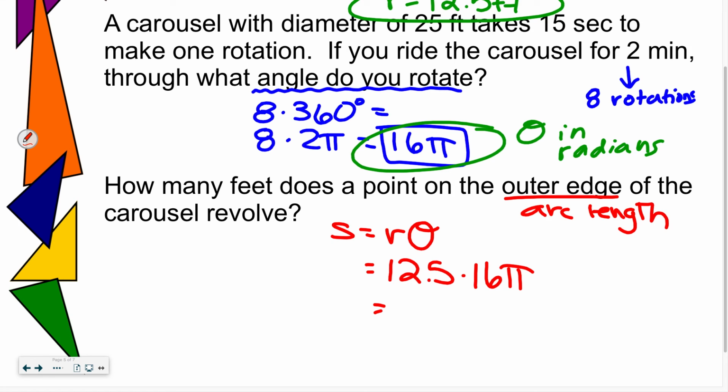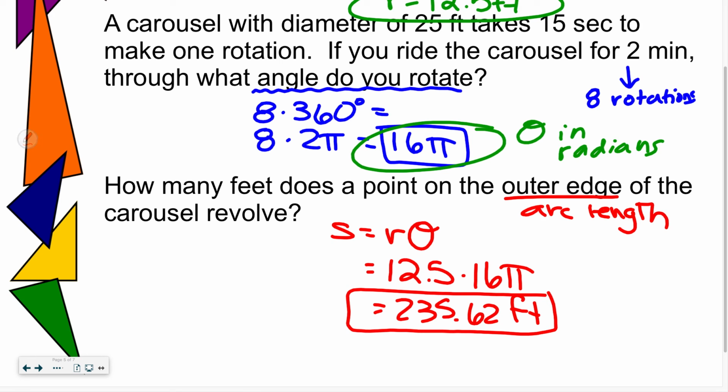Type that into my calculator, 12.5 times 6 pi, and that's 235.62 feet. So I would have rotated or moved 235.62 feet on the outside of the carousel. Yes?